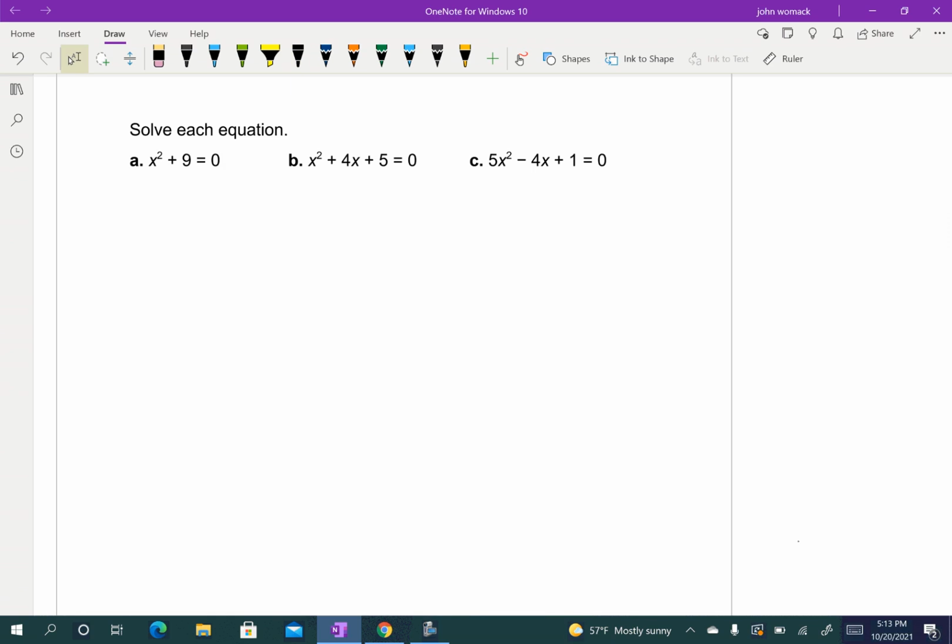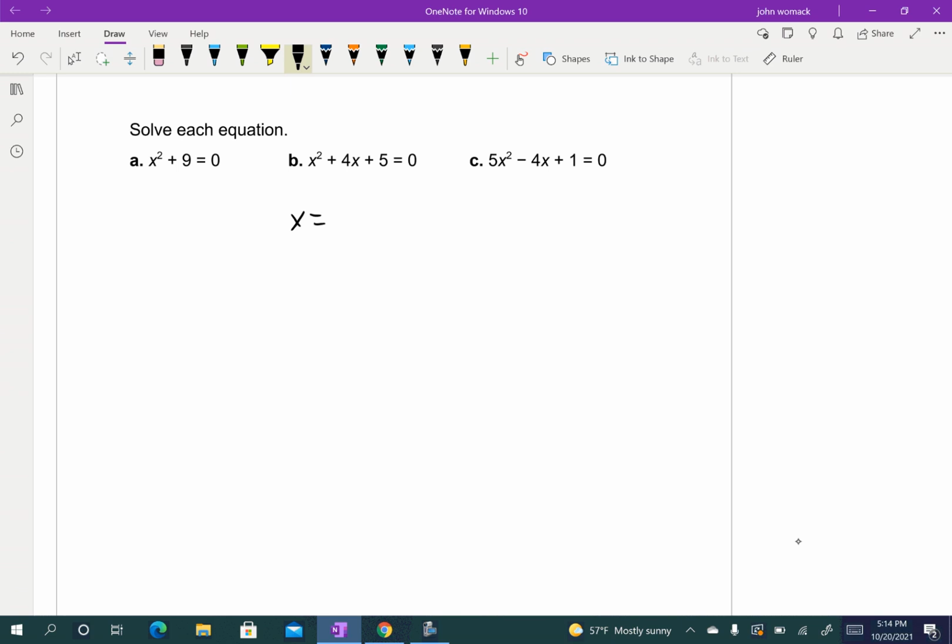I'm going to save that A, but let's go ahead and solve B right here. So if I saw this problem to start with, I would check first just to see if I could factor it, because that looks pretty easy to factor. So are there factors of 5 that add up to be 4? There aren't. Now, if that were a minus 5, it would actually work, but it isn't. Okay, so let's use the quadratic formula.